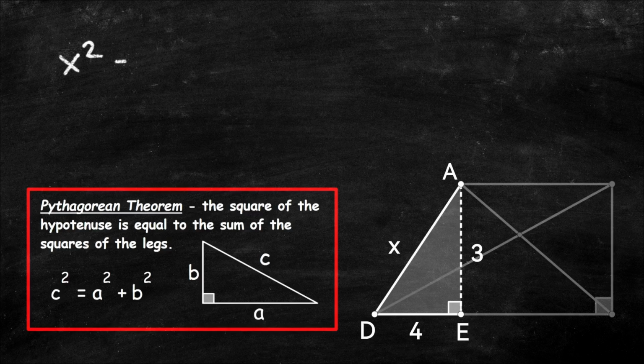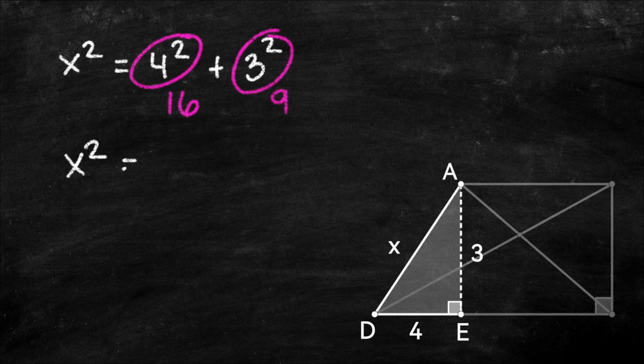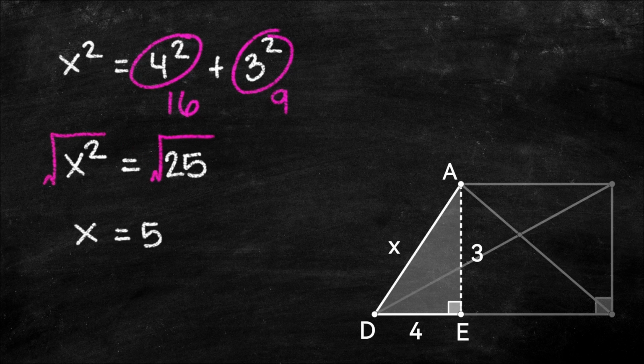We get x squared is equal to 4 squared plus 3 squared. 4 squared is 16, while 3 squared is 9, and 16 plus 9 is 25. Thus, we have x squared equals 25. Take the square root of both sides to get x equals 5. The length of side x is 5 units.